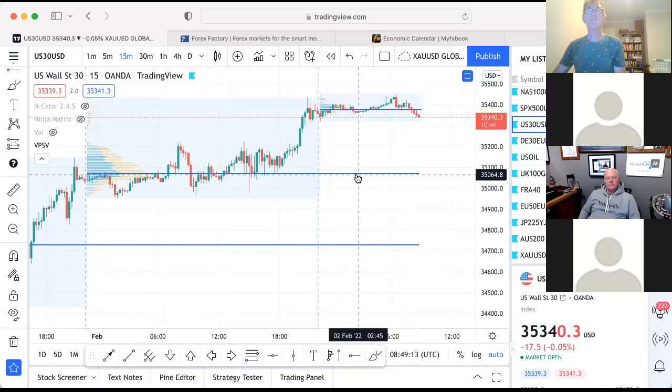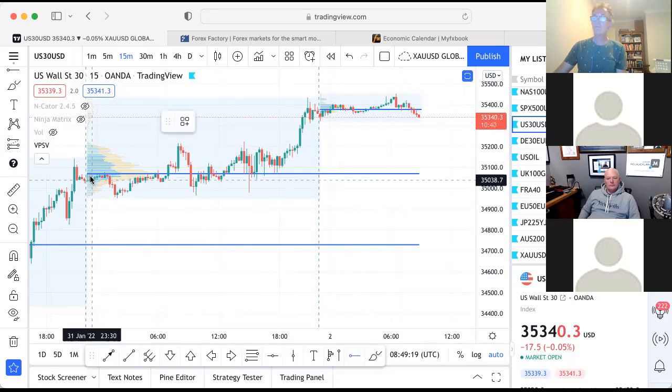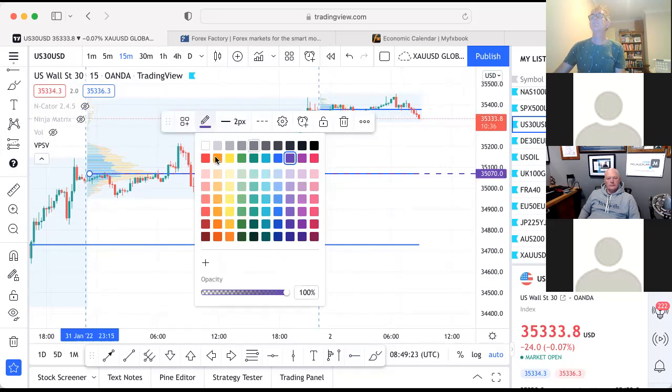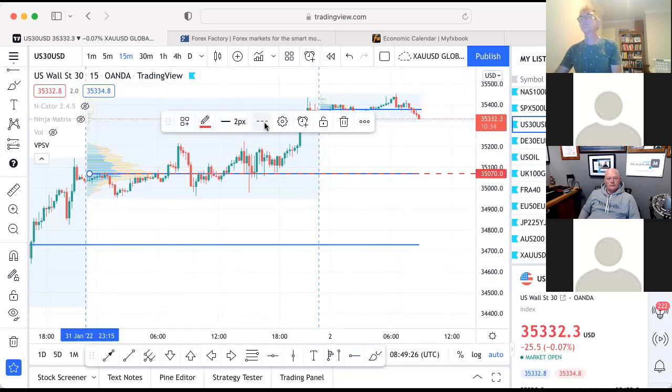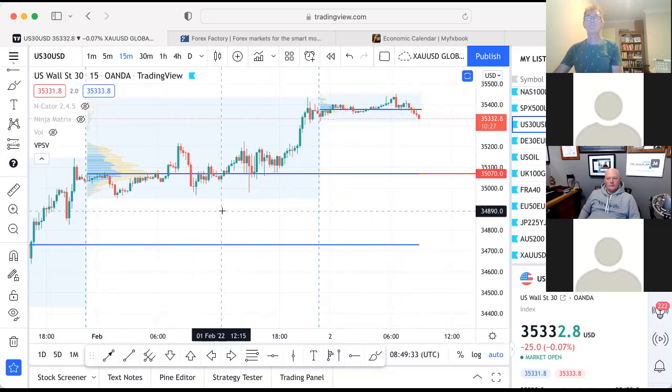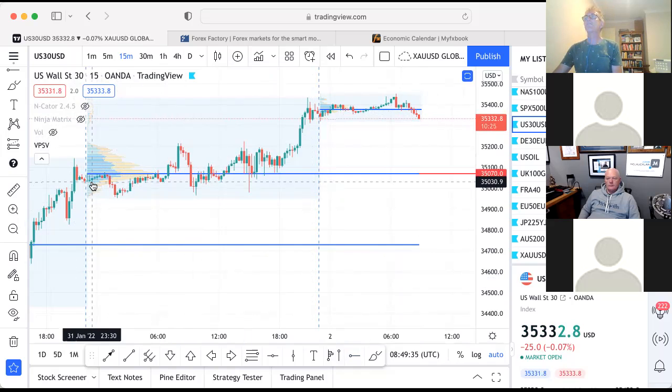So if we were trying to predict where this is going to go, this is yesterday's point of control, which I should mark. And you can see that the value area is where the dark blue is there.